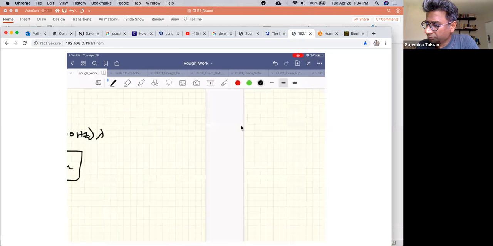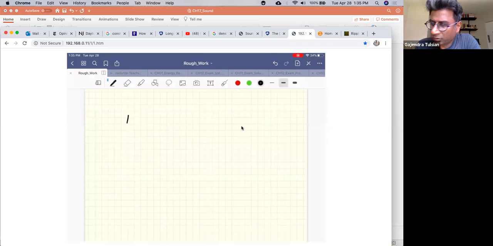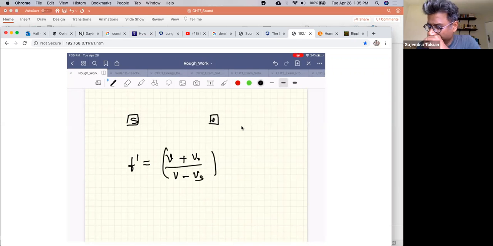Okay, so here's the source, here's the observer. And here's the perceived frequency, here's the speed of sound, observer speed minus source speed, and emitted frequency.